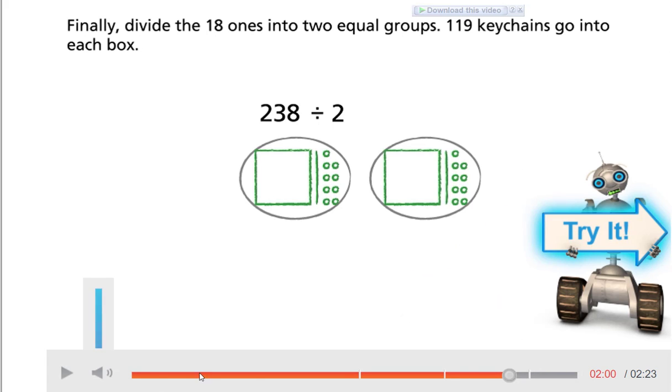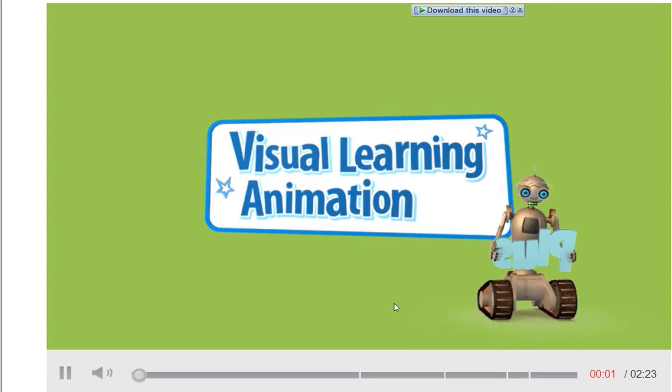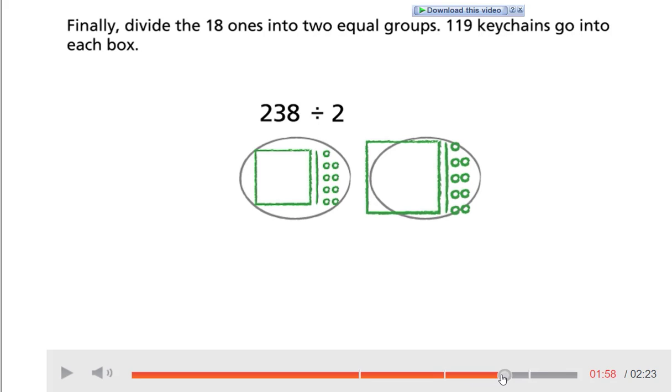Okay, let's try this by ourselves. Ala, yes? Mister, I didn't understand this step, the way tens are used in this step.